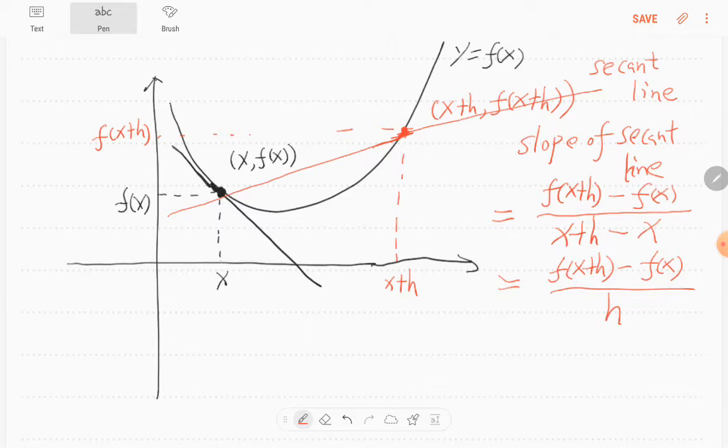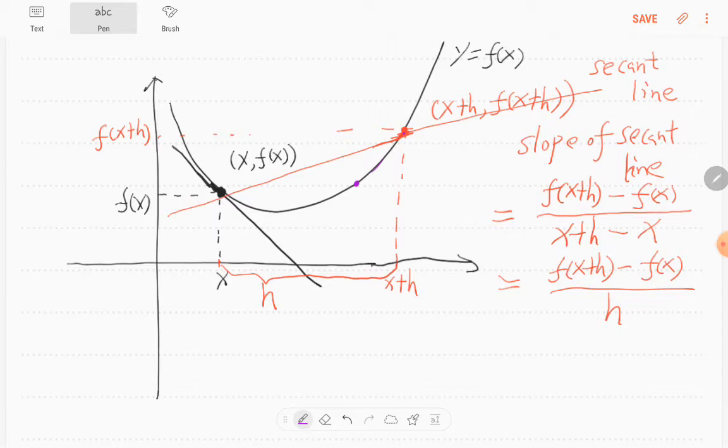The x coordinate for this point is x, and the x coordinate for this point is x plus h. So the distance between these 2 points is h, right? Now let's move this point, the red point, along the curve to here.